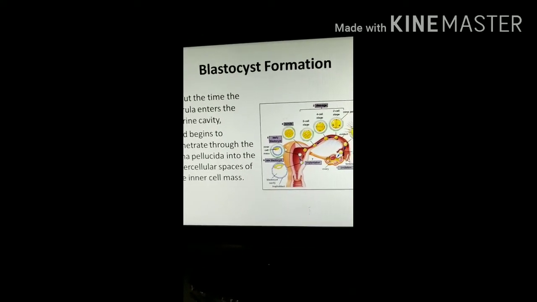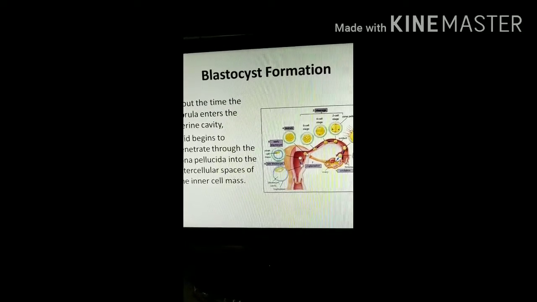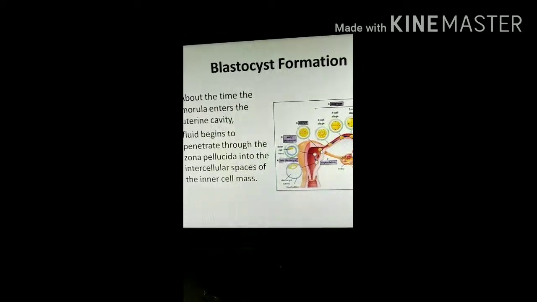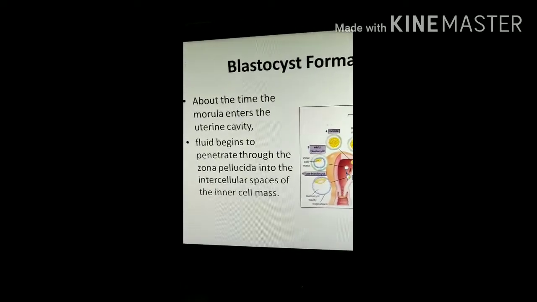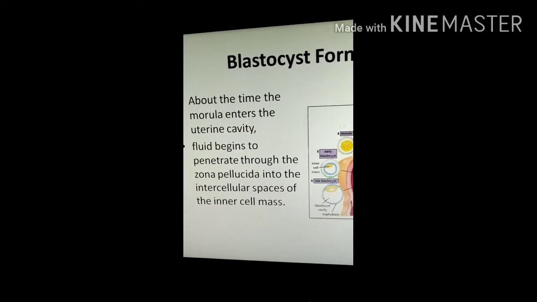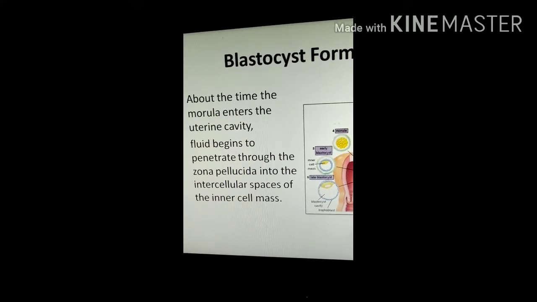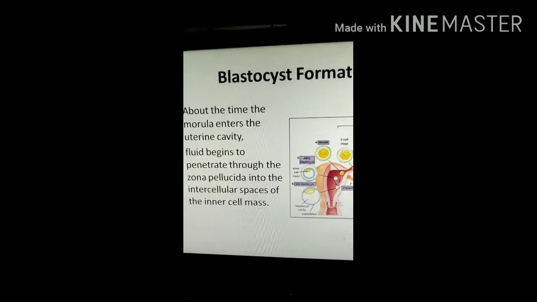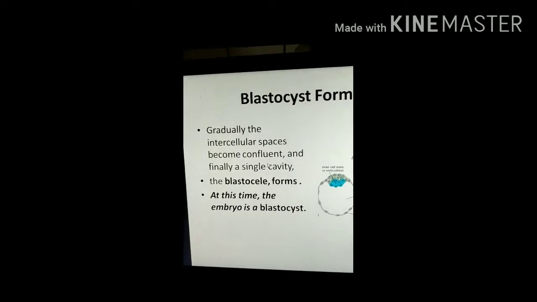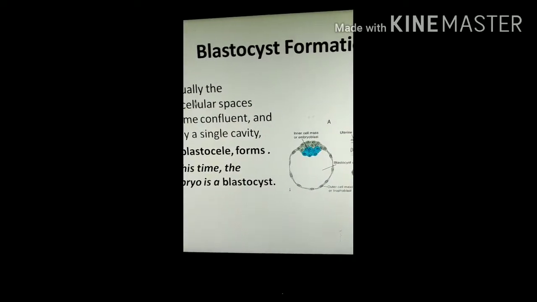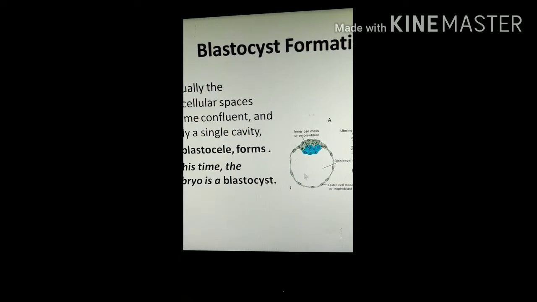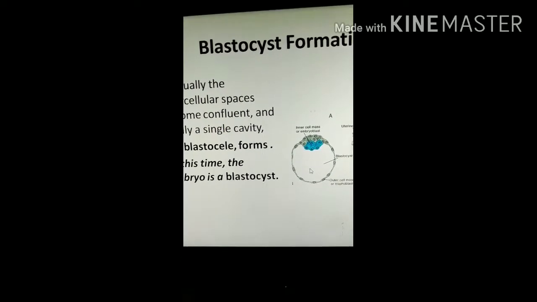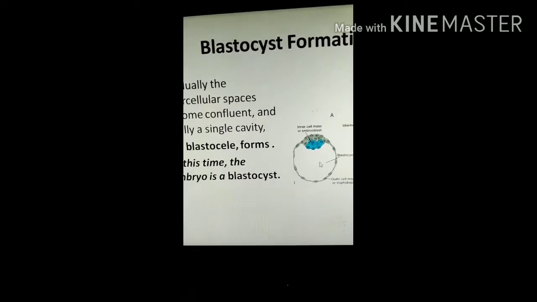So the condition is that the morula enters the uterine cavity, and fluid can penetrate through the zona pellucida. Gradually the intercellular spaces become confluent, and finally a single cavity is formed. This cavity is the blastocyst cavity.